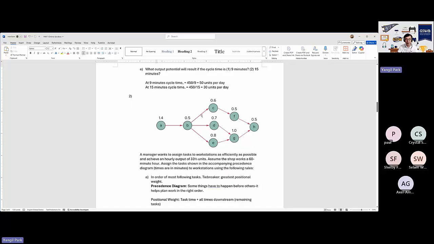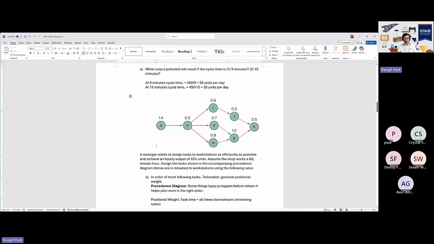The flow goes all the way to H, starting from A. But after task B you can take either D or E, and from there you can go all the way to H.